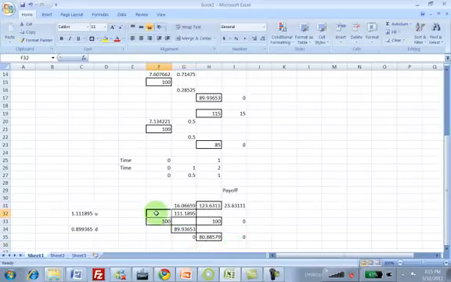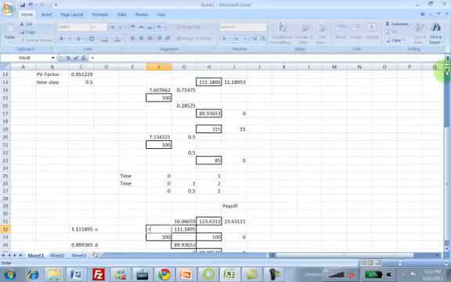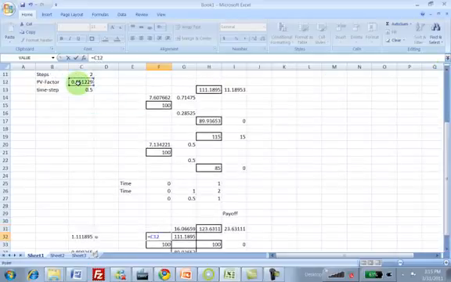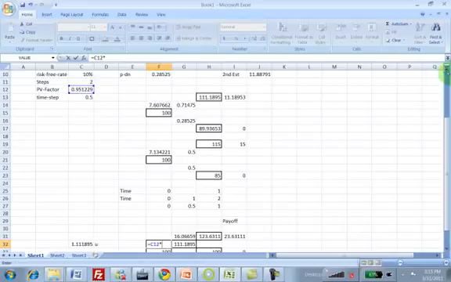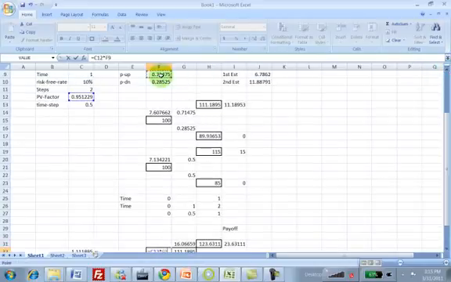And then finally, the value of the option at this point in time is simply the PV factor that we've worked with so far into the probability of an up move here into the payoff for an up move. Then close this.